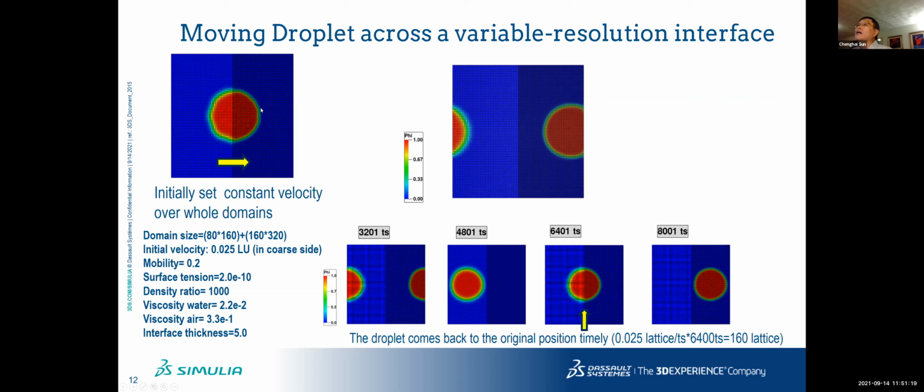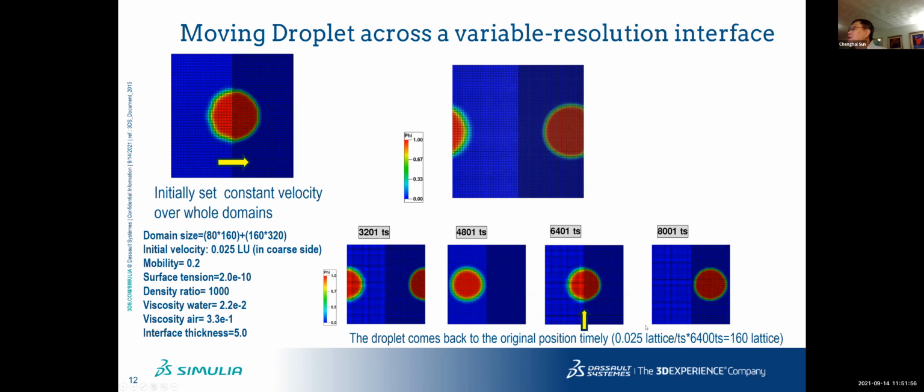And as the droplet moves into the fine region, the interface gets refined. Initially the droplet is at the center, and after 6,400 time steps, it returns to the original place.